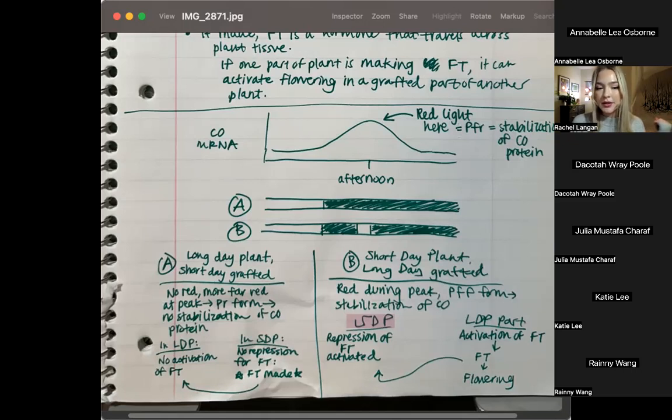I could do a flash of darkness, which would trigger changing back to the PR form. So no stabilization of CO. I could flash far red light, which again, PR form, no CO. All of the flashes are possible. And you just need to know, is that going to make a PR or PFR form? And then figure out downstream what happens. Okay, thank you so much. You're welcome.